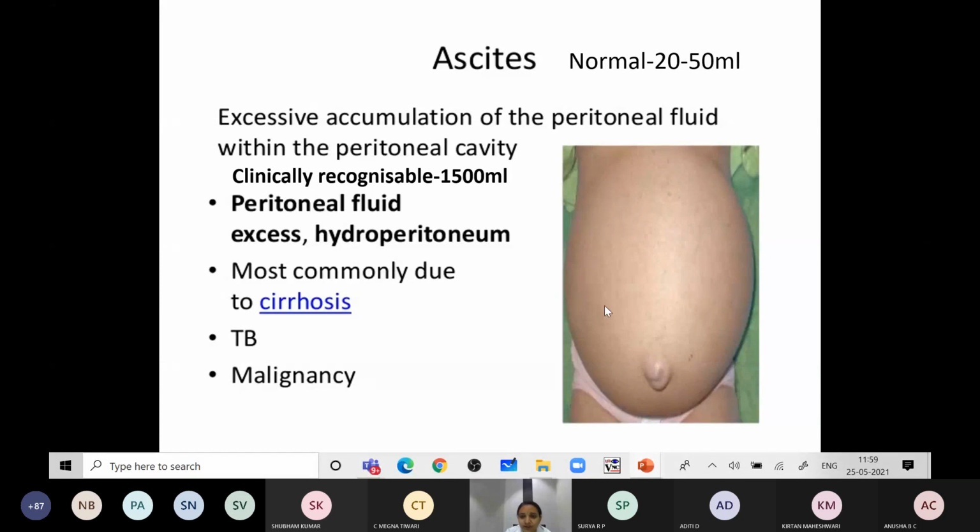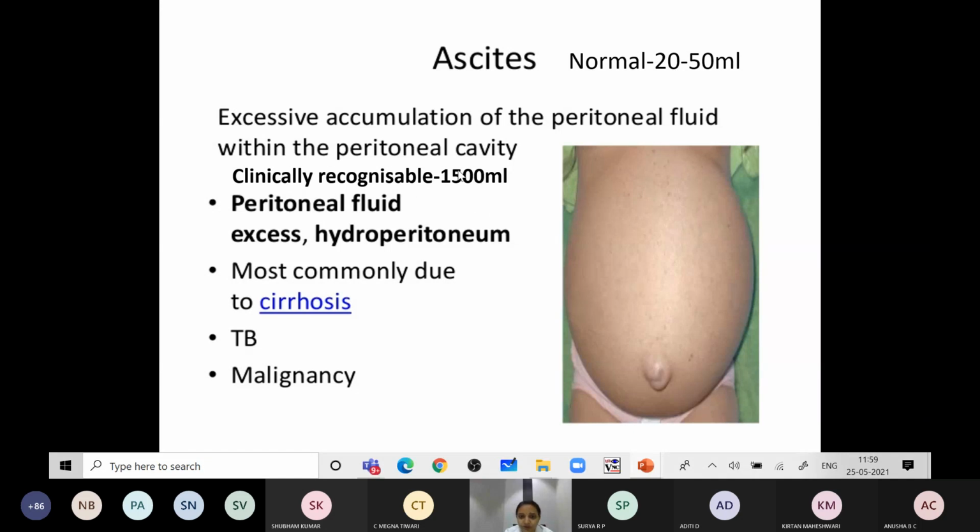The fluid will be collected in the abdominal peritoneal cavity. 1500 ml of fluid collected will elicit the clinically recognizable symptoms of ascites.